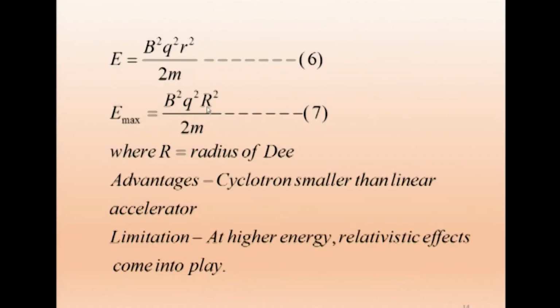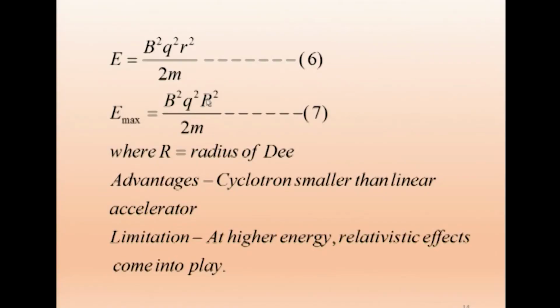Similarly, when you increase the radius of the d, maybe from a 10 inch to a 20 inch diameter cyclotron, you get energy increased 4 times. So energy is a function of B and R.